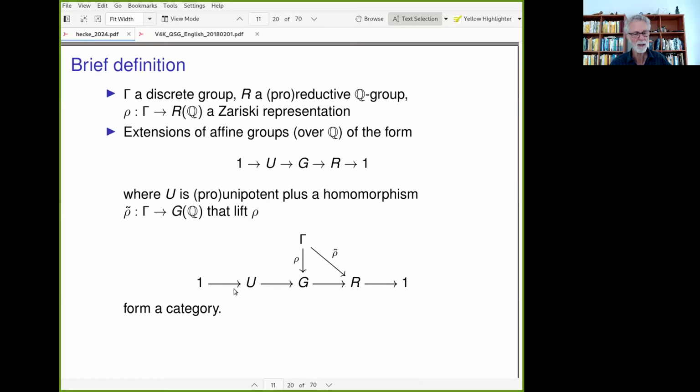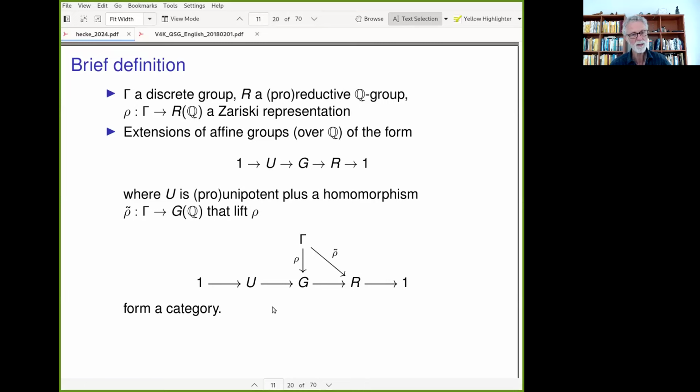And I'm being sloppy here because in general I'm going to skip writing the rational points. I'm going to think of a homomorphism from gamma into G as really being a homomorphism into its rational points. So if we look at such diagrams, we've got gamma mapping into R by a fixed homomorphism, and we're going to look at all homomorphisms of gamma into a group G that's an extension of R by a unipotent group.